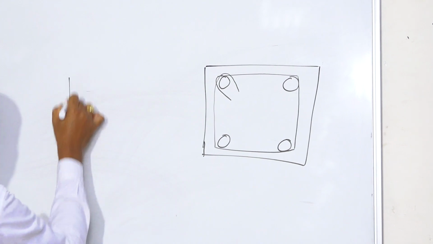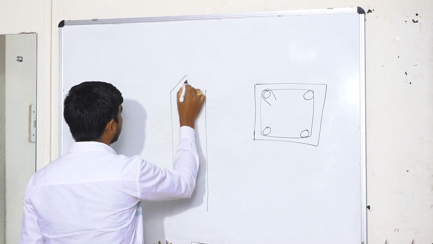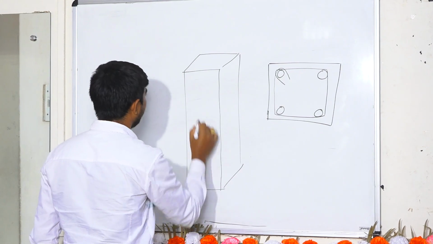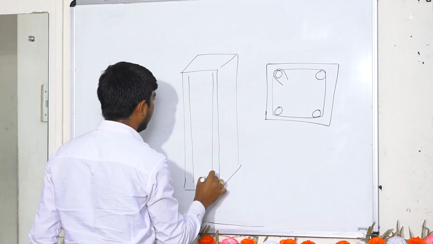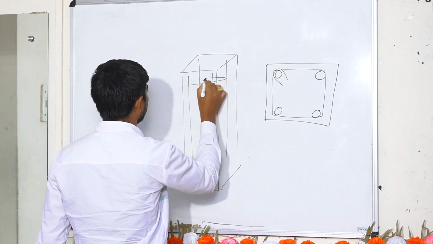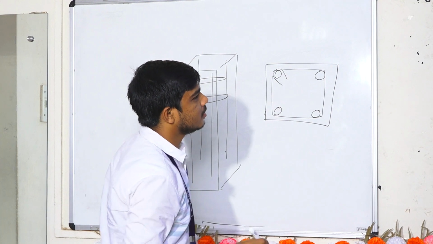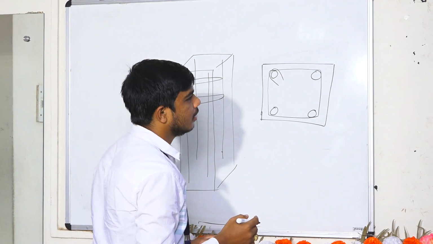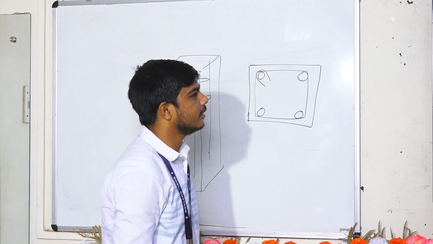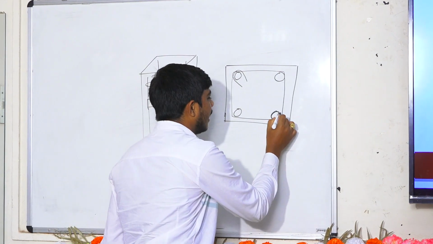If we see the longitudinal view, column will appear like this, and reinforcement would be embedded like this and ties. So these specifications tell what should be the amount of steel, what should be the minimum amount of steel, what should be the maximum amount of steel, and what should be the minimum dimension of this bar.